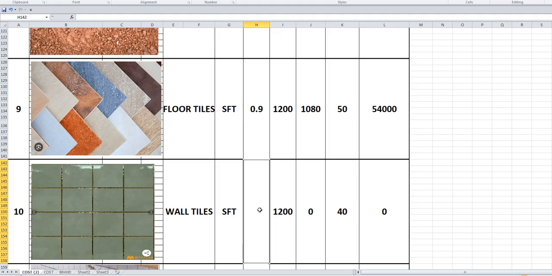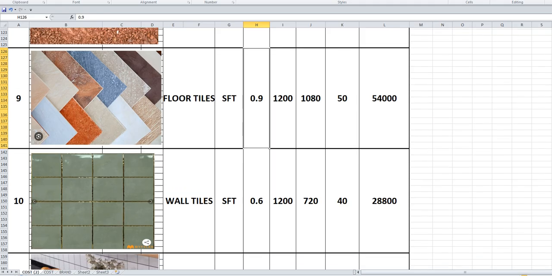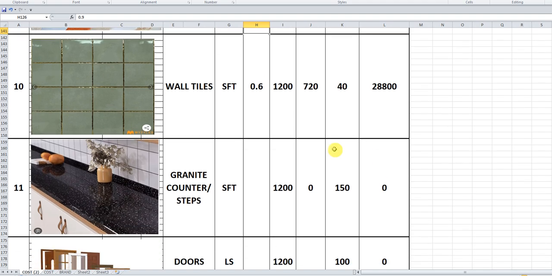Wall tiles are mostly in the toilets as well as in the kitchen. I am considering this as 0.6. In the floor tiles, I have also taken skirting, and wall tiles are considered here.